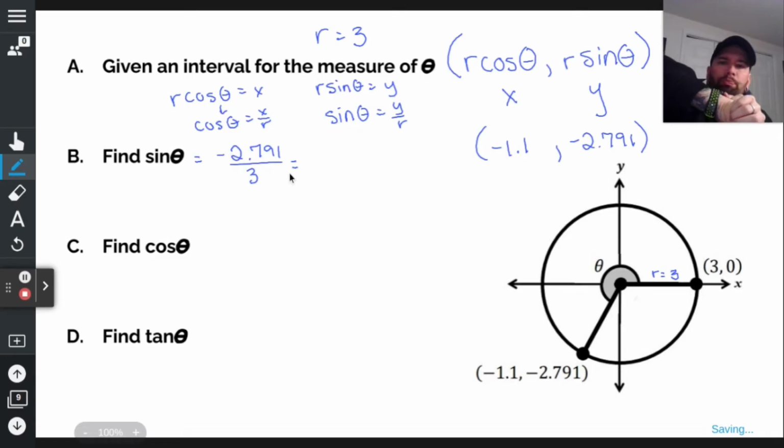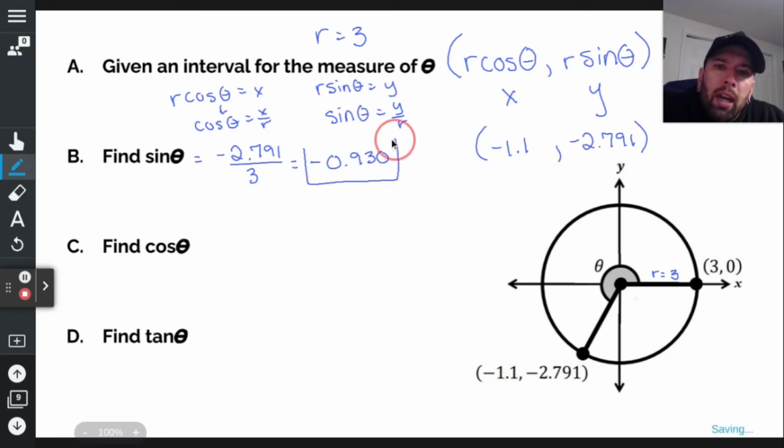So negative 2.791 divided by 3. The answer is approximately negative 0.9303. So we'll leave that as that. Okay. So probably should have used a calculator, but it's too late now.